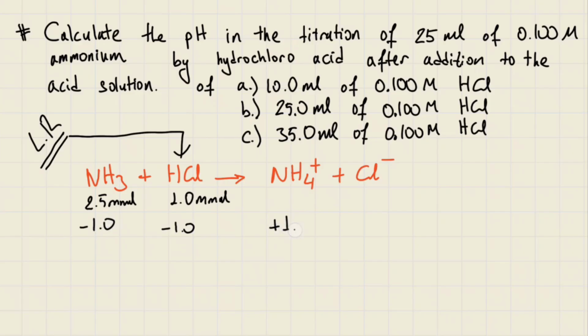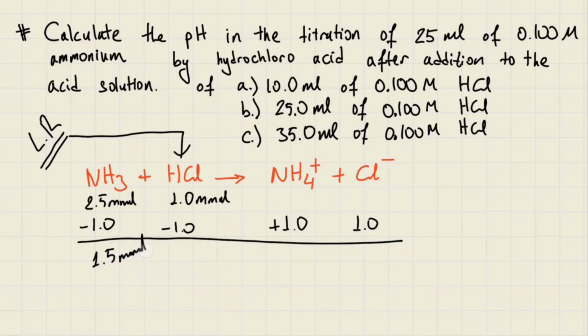We will create NH4 plus and Cl minus. So at the end we will have 1.5 millimole of ammonia, 0 HCl, 1.0 millimole NH4 plus and 1.0 millimole Cl minus ions.